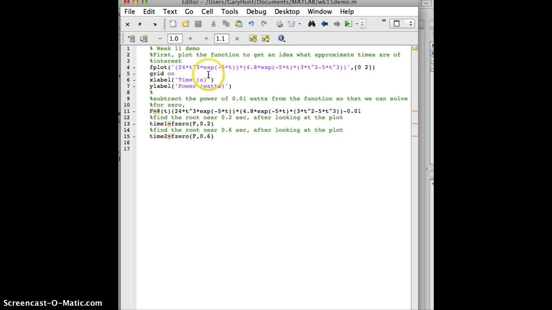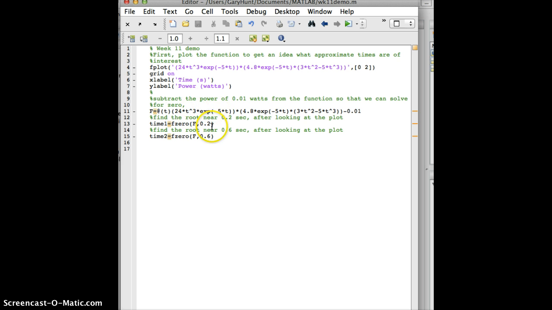I want the power equal to 0.01. So I'm going to take that equation, subtract 0.01 from it, and then I'm going to find the zeros of that. So here's my anonymous function equation again. I just copied the stuff from up here down here, and then I'm going to find the zeros of that.